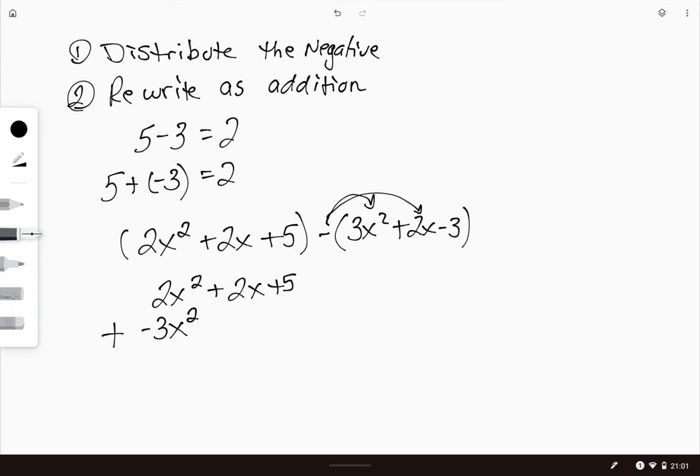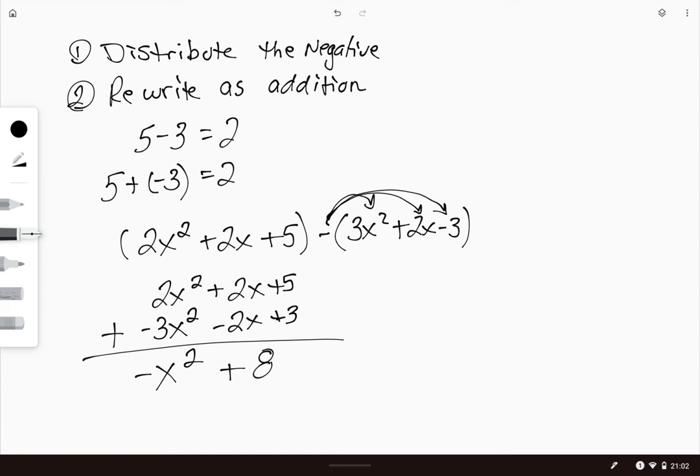Distribute the negative to your next term, so that plus 2x becomes minus 2x. And distribute the negative to your final term, and two negatives become a positive, and I have plus 3. So 2x squared plus a negative 3x squared is going to give me a negative x squared. So 2x plus a negative 2x cancels out to be a 0, and 5 plus 3 gives me plus 8. So that's the other method you can use, is to distribute the negative and rewrite as addition.